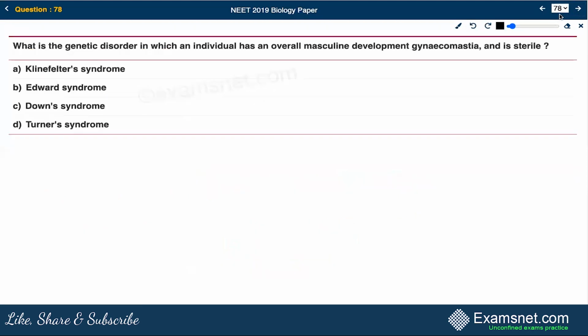Now question number 78. It asks what the genetic disorder is in which an individual has an overall masculine development, which is called gynecomastia, and is sterile. This question has been asked from the genetic disorders category, specifically chromosomal disorders.